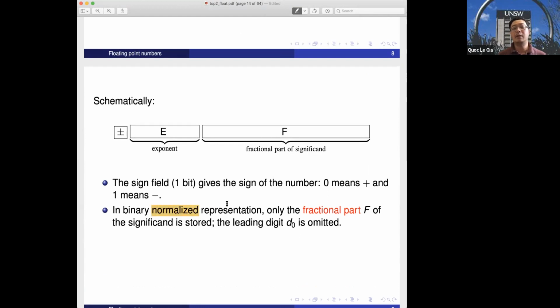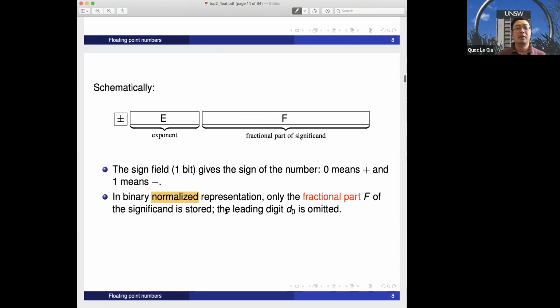So for a normalized number, D0 is always equal to 1. So that's why they don't have to store that. It's a waste of memory. So remember in the 1970s, memory was very expensive. So they save 1 bit. It's still a good saving, and it carries on until today.